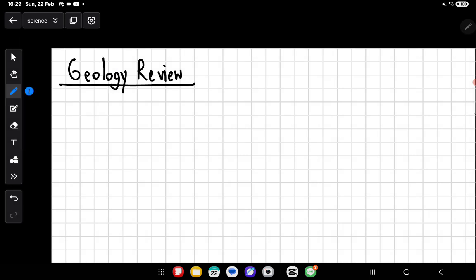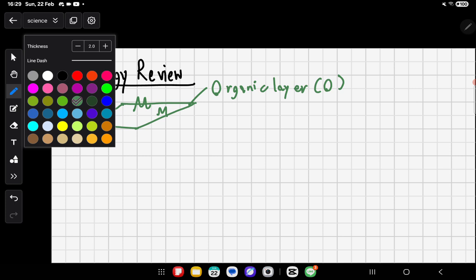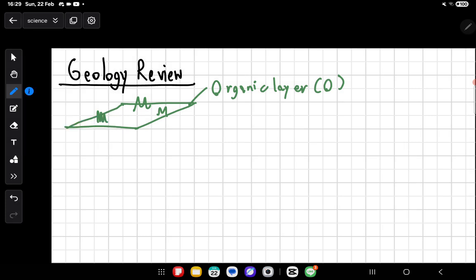Okay, let me draw it out real quick. So the first layer, this is the organic layer, otherwise known as the O horizon. Next up, we're gonna cover the topsoil layer.